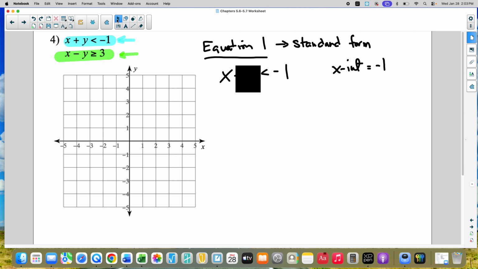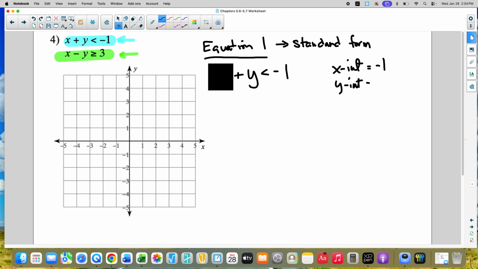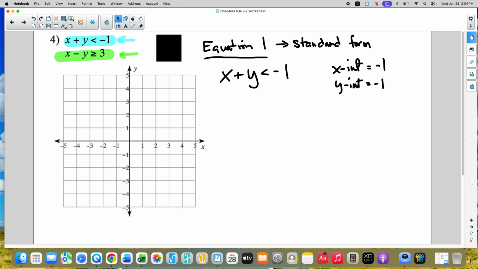And then I can cover up the x value, and y is isolated, so I know my y-intercept is also -1. Now, different from them both being 0, we'll save this for a little bit, these are 2 different locations. Where 0 was the same location when it was x and y, this is a little bit different.